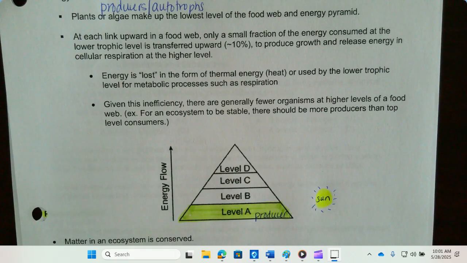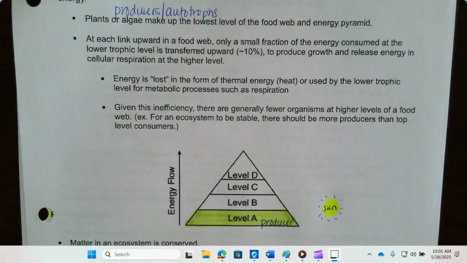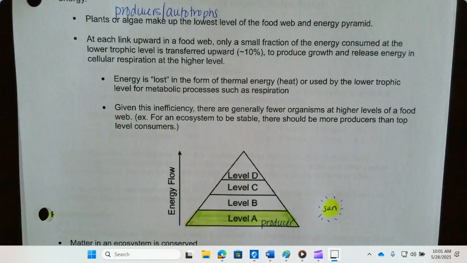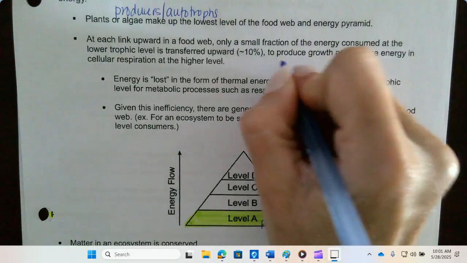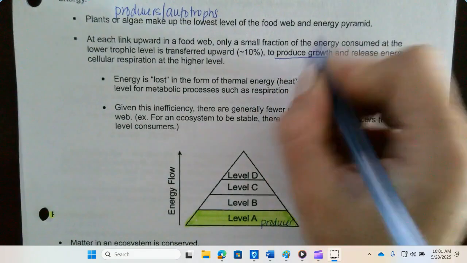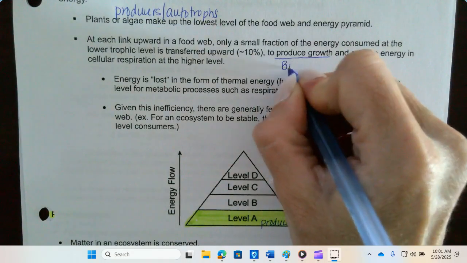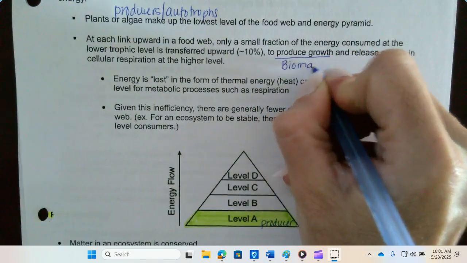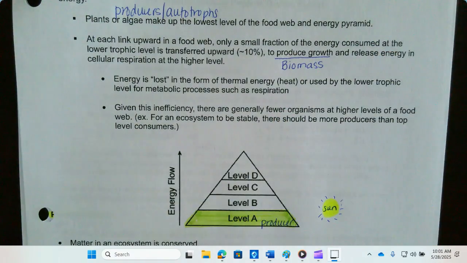At each link upward in a food web, only a fraction of the energy consumed at the lower trophic level is transferred upward, about 10%, to produce growth. We have that word trophic; trophic just means feeding. Growth is called biomass. Mass, we're looking at weight; bio, living.